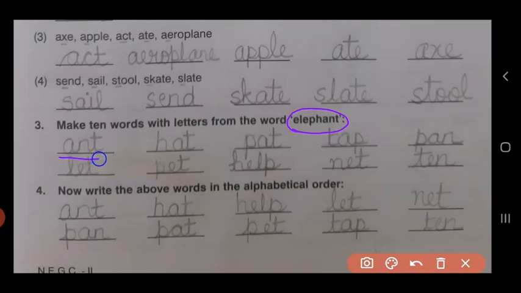I have ant, hat, pat, tap, pan, let, pet, help, net and ten. So these are the 10 words that I have made. If you find more words, you can write them on your own.